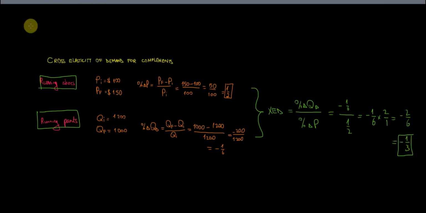The difference that I'm trying to prove in this video is the sign of the cross elasticity of demand. The sign is showing the direction of change, and as we can see, the percentage change in quantity demanded decreases, so that's why they are complementary. Because as the price of running shoes goes up, quantity demanded for running shoes goes down, and therefore the quantity demanded for running pants goes down as well because they're complementary.